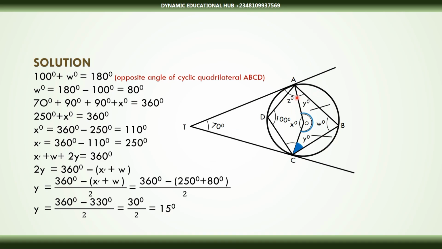We have three angles present here, and this is how to solve it. Looking at the diagram, this angle is a right angle, which is the angle between this radius OA and this tangent TA, and the other part which makes up the angle that we are looking for is also Y, which makes Z equal to 90 degrees plus Y, and that will give us 90 degrees plus 15 degrees, which happens to be 105 degrees.